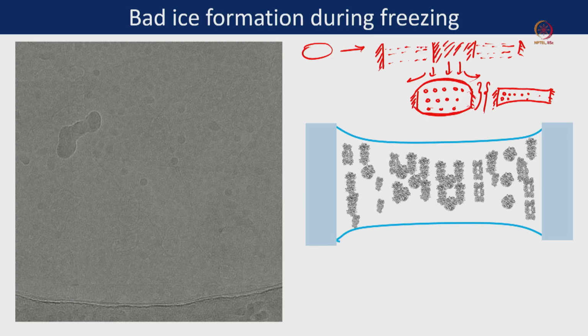So if there is thick ice, the electron beam cannot pass through properly, it scatters strongly, and then your contrast will be very poor.